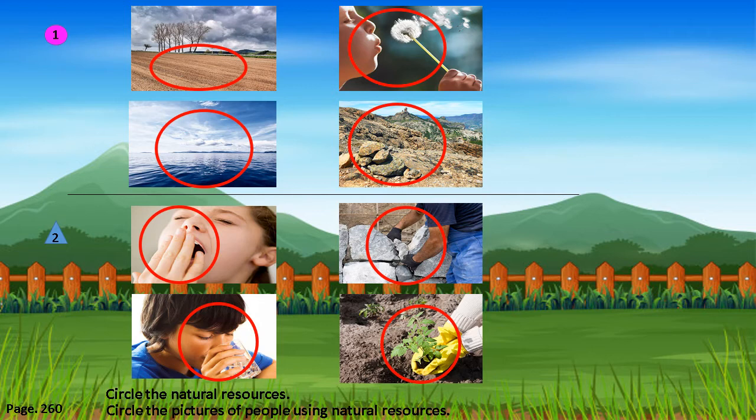In the second picture, one person is building with rocks. In the third picture, a person is drinking water. And in the fourth picture, a person is putting a plant in soil. All these resources in these pictures are called natural resources.